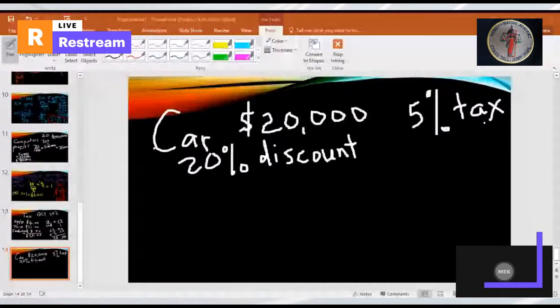Think about it. 20%, if you express that as a fraction, 20 over 100, cancels down to 1/5. So you're getting 1/5 of 20,000 off.